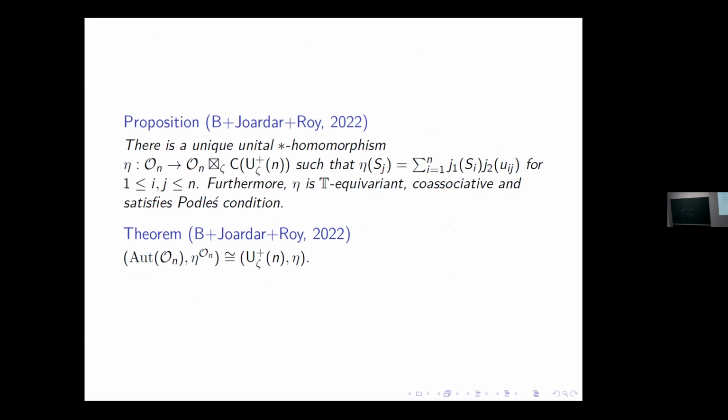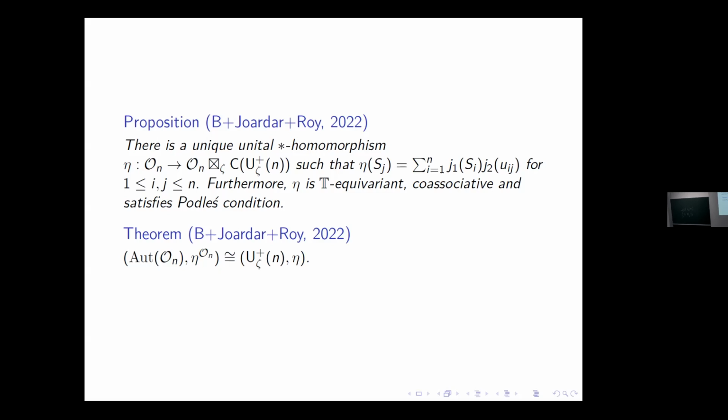So to look for which braided compact quantum groups actually act on the Cuntz algebra, we needed to construct this very first braided compact quantum group first, and then we tried to generalize the construction. So there is a unique unital star homomorphism eta going from O_N to O_N box the function algebra of the free unitary quantum group for the identity matrix, such that it acts in a desired way. So s_j goes to s_i box u_ij.